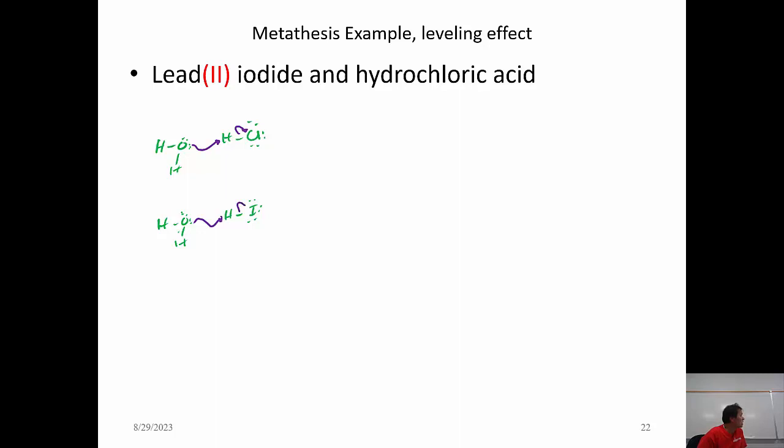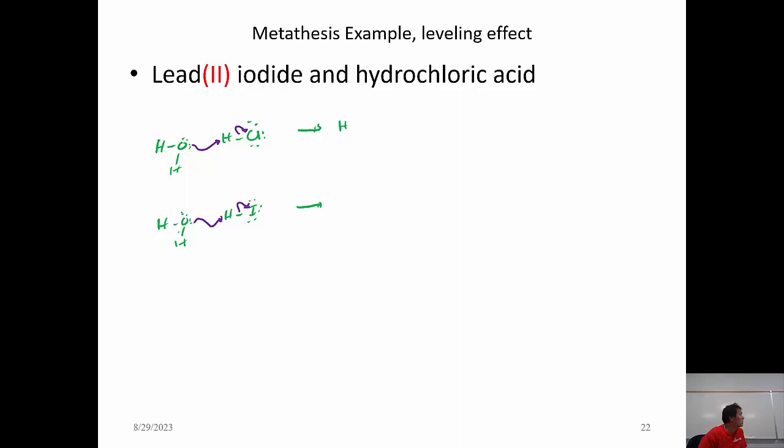And so the stronger the acid, the easier it should be to remove the proton. Since hydroiodic acid is a stronger acid, water will have no trouble removing that. But the situation is water doesn't have a hard time with either of these. In fact, both of these are plenty easy for water to pluck the proton off.